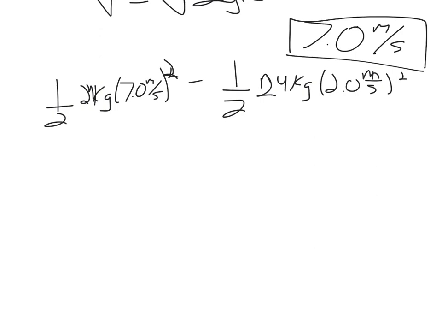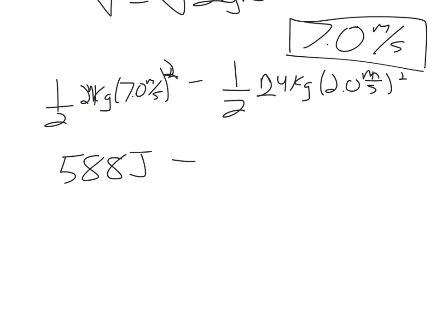So, real quick, 7 times 7 times 24 divided by 2. So this is his potential, this is his maximum energy, this is how much he should have, minus, what do we got here?